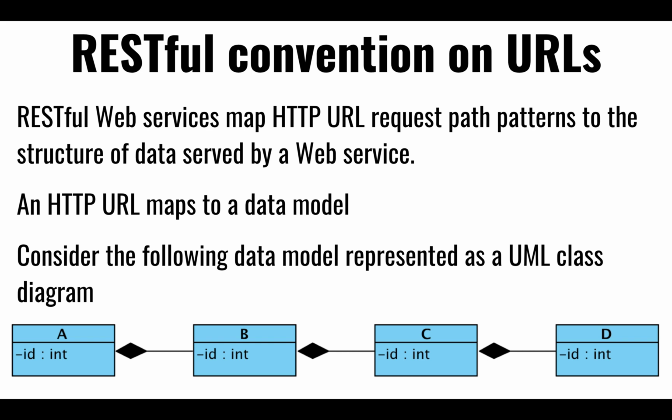So A is presumably represented by some table or some set of records where you have multiple instances, A1, A2, A3, and so on and so forth. And for each one of those A, there might be multiple Bs. So A1 might have B1, B2, B3, B4, and A2 might have B10, B20, B30, and so on and so forth. And then each one of the Bs can have many Cs, and every C can have many Ds.